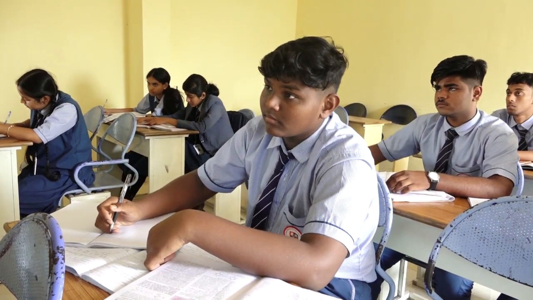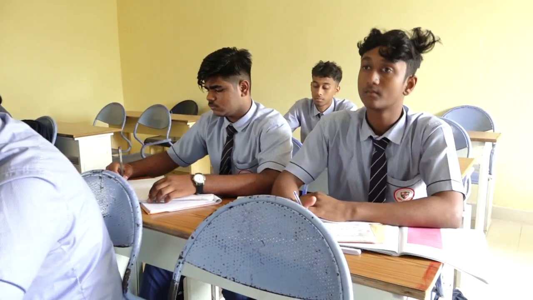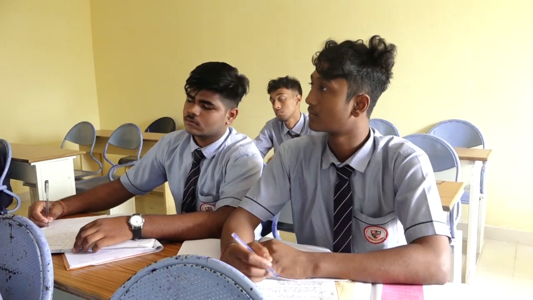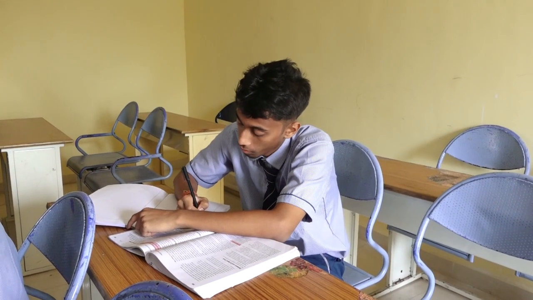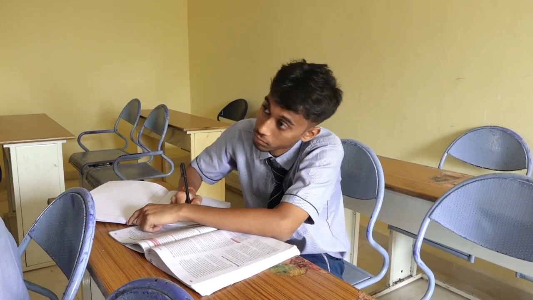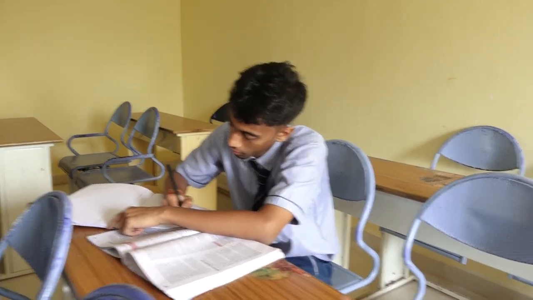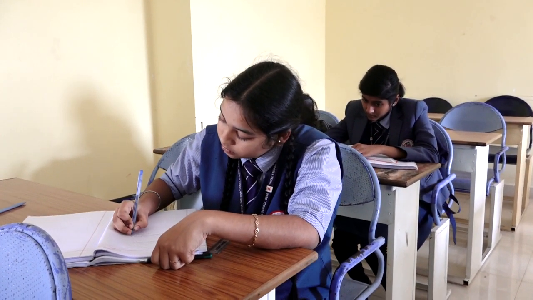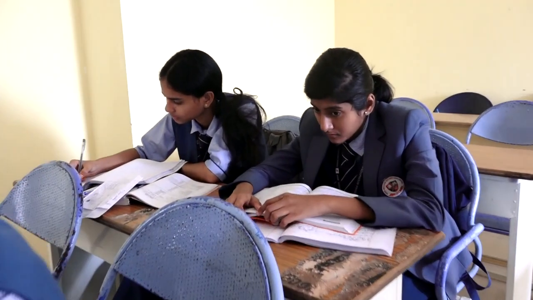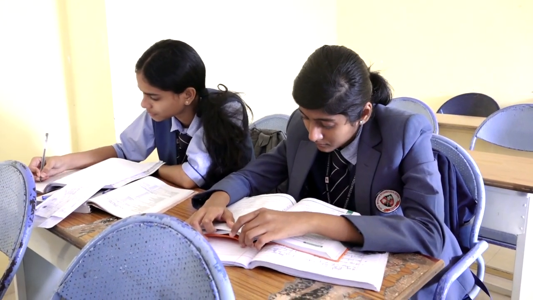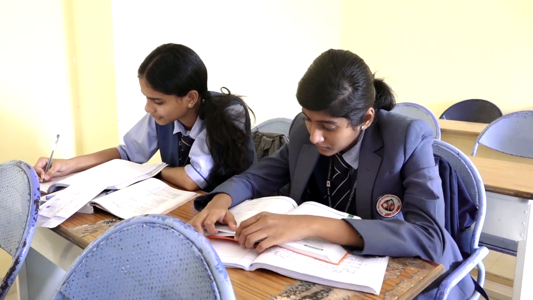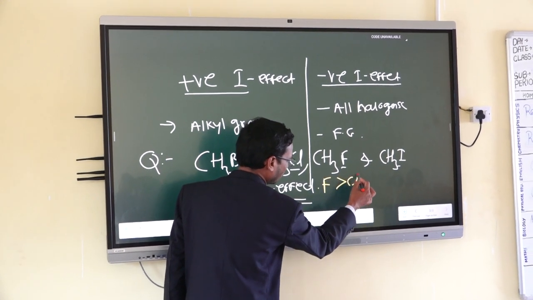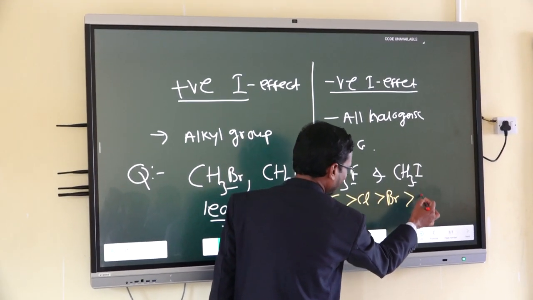If you can't work out the least inductive effect, then find which will have more inductive effect. First, arrange the four atoms, bromine, chlorine, fluorine, iodine, in increasing order of electronegativity. Look carefully: fluorine, then chlorine, then bromine, then iodine.